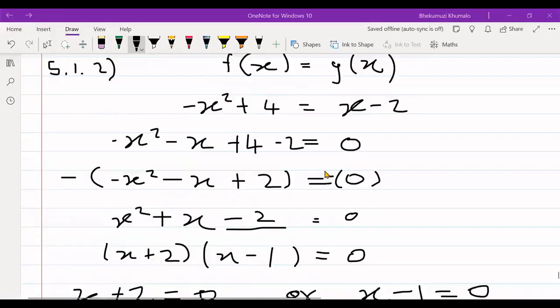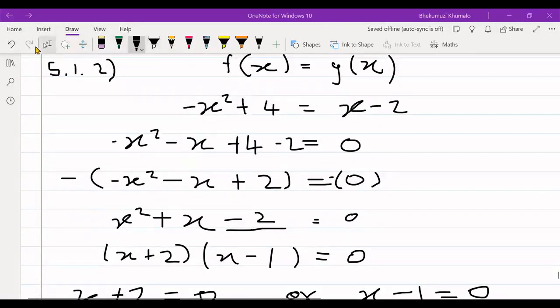Oopsie. There's a mistake here. I just noticed. Okay, so let's try it again. So this is negative, that would become positive, and that becomes 6. So this is 6, not 2, and that becomes negative 6.